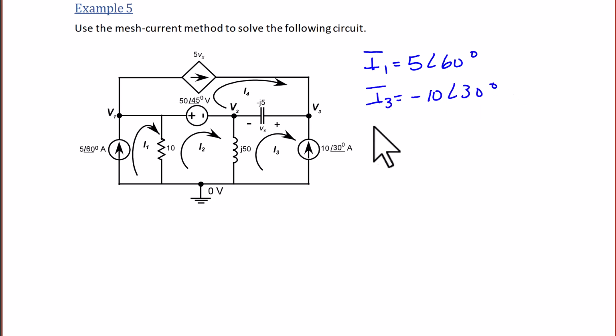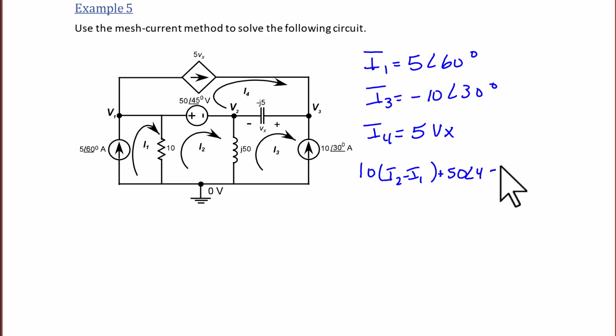So here we have I1 is equal to 5 with an angle of 60 degrees. I3 is equal to negative 10 with an angle of 30 degrees. I4 is equal to 5Vx. Next, we write the KVL equation for mesh 2 as 10 times (I2 minus I1) plus 50 with an angle of 45 degrees plus j5 times (I2 minus I3) equals 0.